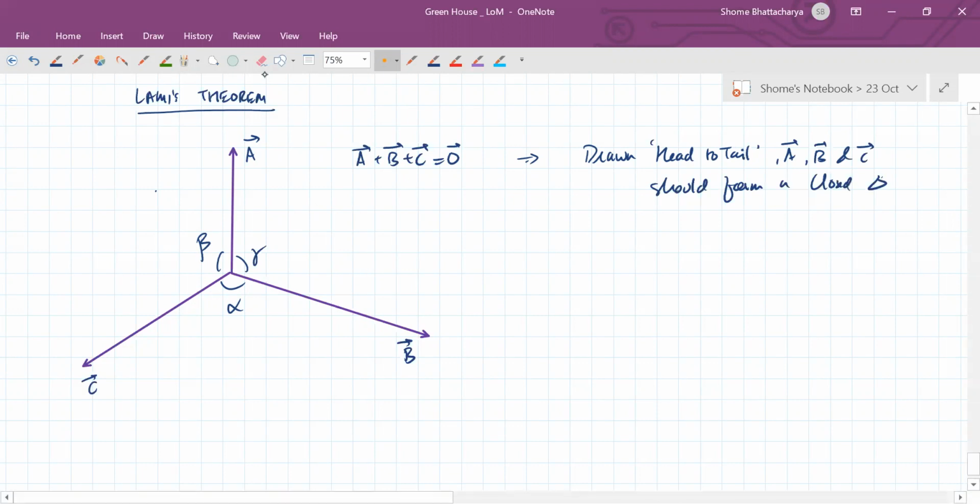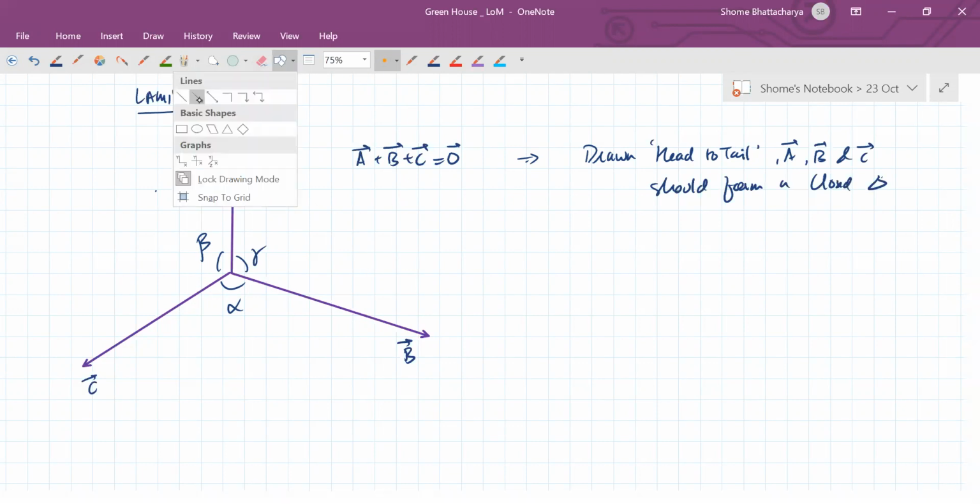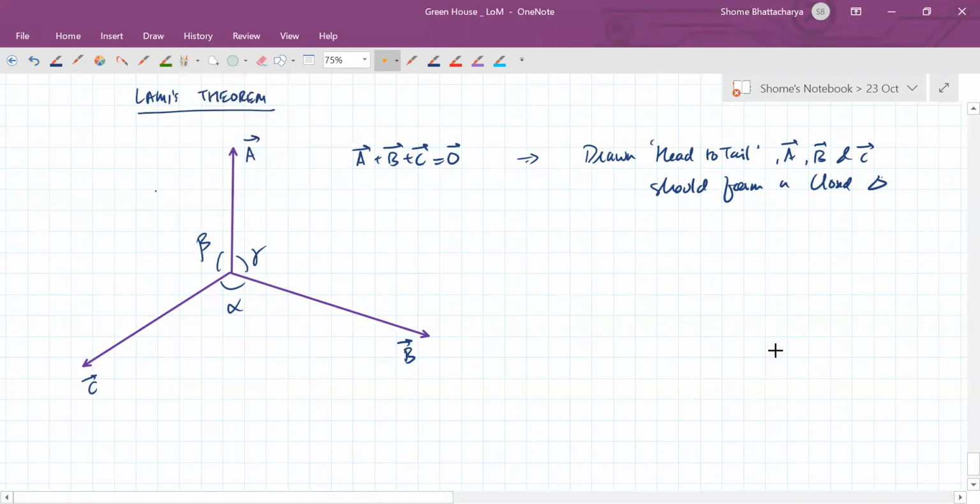So if I draw them, instead of from a common origin, one after the other: A is drawn here, then from A I draw the vector B, then C should become like this. That is a condition for their vector sum to be 0.